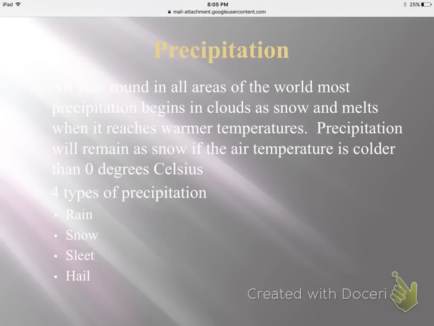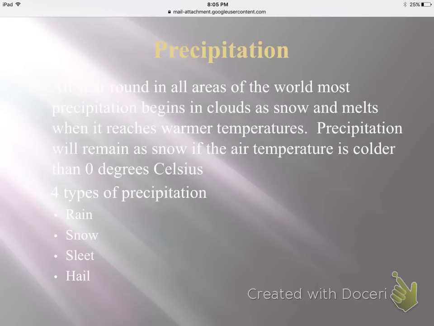The last part of severe weather is just basic precipitation. So all year round in all areas of the world, almost all precipitation begins from our clouds, starts as snow, because of course it's cold up in the troposphere, and then it melts as it's coming down into the atmosphere as it reaches those warmer temperatures.